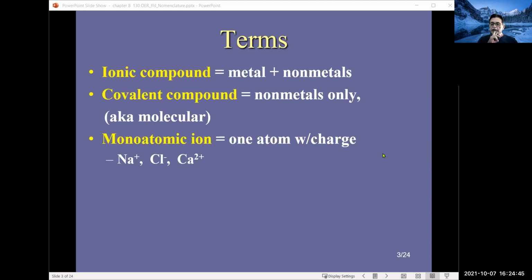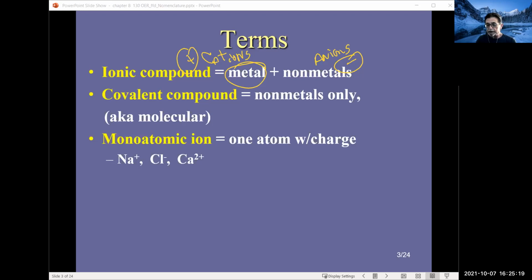Now, monatomic ions. Remember we have the ions because, why do we want to know if it's a metal or non-metal? Because we know that metals form cations, positive charge ions, and we know that nonmetals form anions, negatively charged ions. They come in different magnitudes of charge, either +1, +2, +3, or -1, -2, -3.